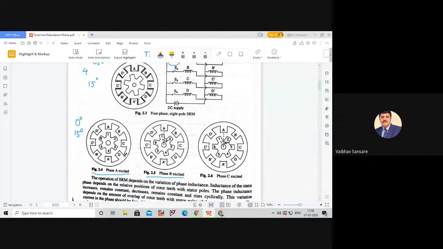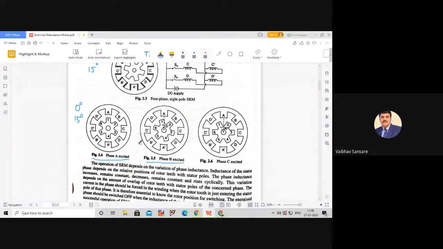In a variable reluctance stepper motor, I have already told that the rotor always tries to move in a minimum reluctance path. If you look at the next rotor teeth 3 and 6, the air gap is more. That offers a large value of reluctance as compared to 2 and 5 for B dash excitation. Therefore, the rotor moves in the counterclockwise direction by 15 degree.